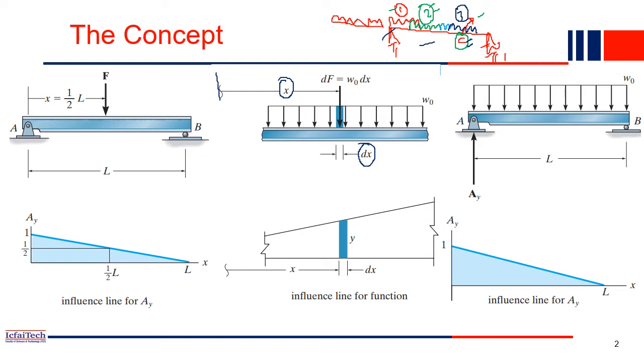If you replace the uniformly distributed load over delta x with a concentrated load dF, then dF will be nothing but UDL w naught times this distance dx. If you replace this uniformly distributed load with a point load, the magnitude will be dF.